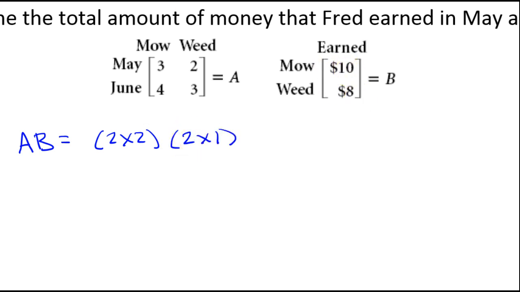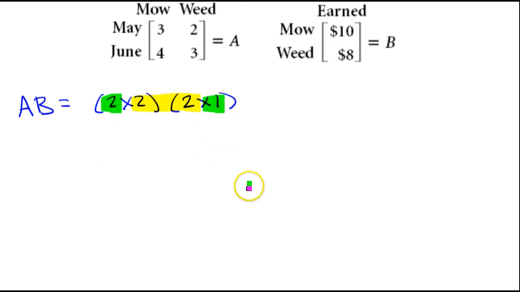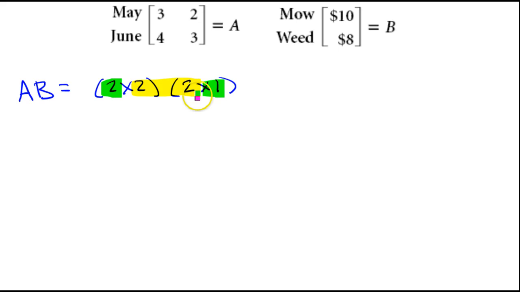So of course this product will be possible because the inner dimensions are the same. They're both 2's. But what we also need to pay attention to is the outer dimensions, 2 and 1, because that tells us the dimensions for the final product. So the dimensions for the final product will be 2 by 1, 2 rows, 1 column.